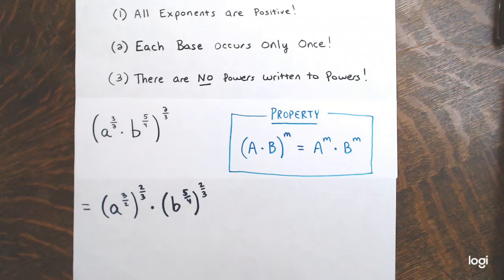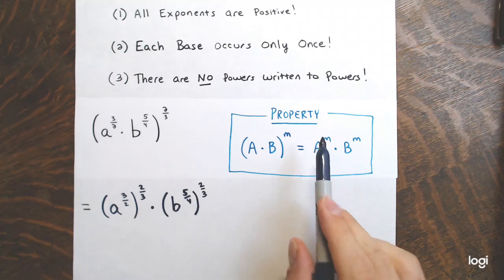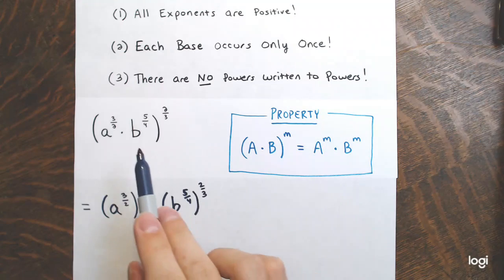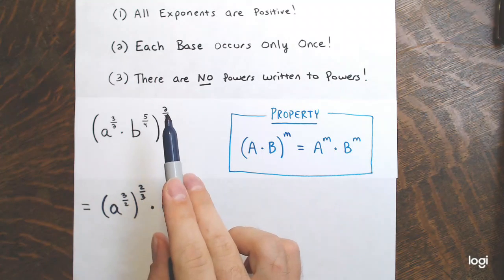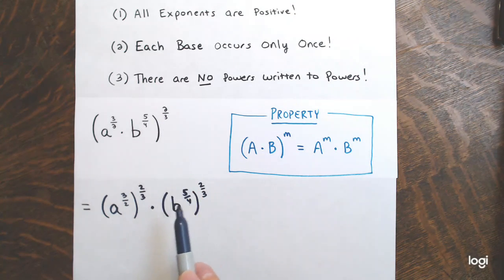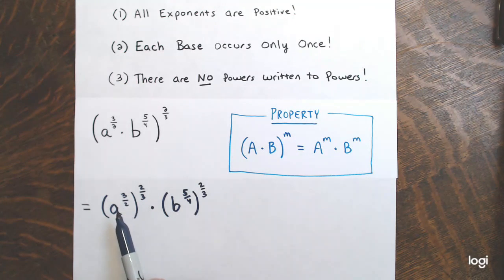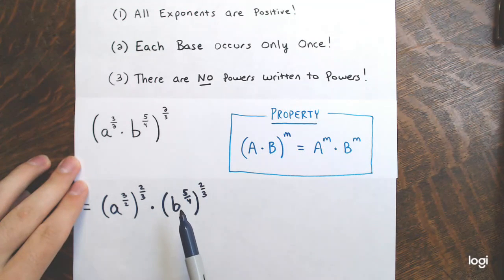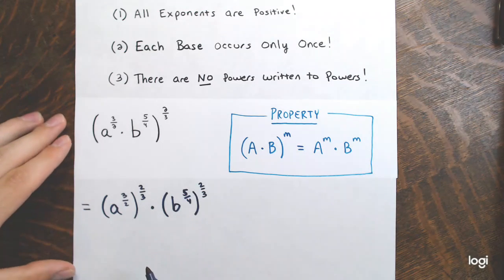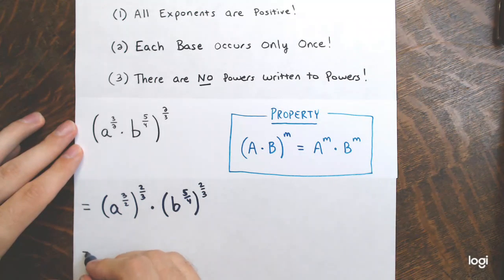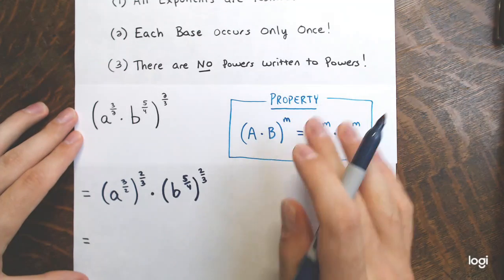All right, so great. I've used this product to a power property. Each of these two factors was raised to this 2/3 power. But now I have the case where, like in the last example, I have a power written to another power: a to the 3/2 to the 2/3 times b to the 5/4 to the 2/3. So what do we do then? Remember, you multiply those.